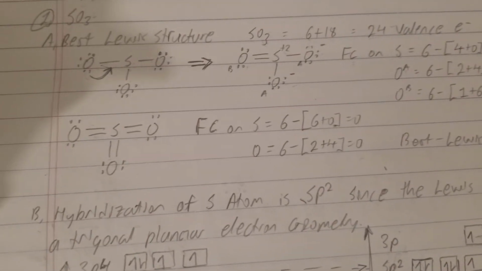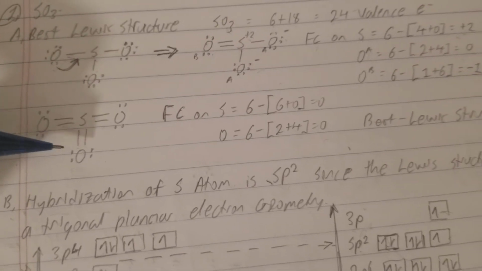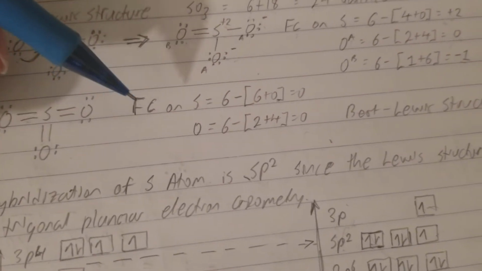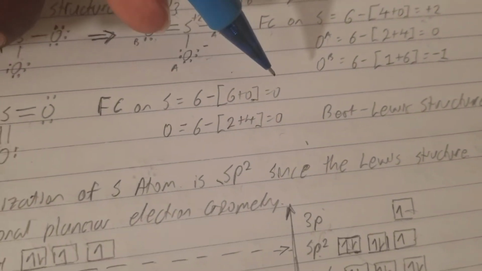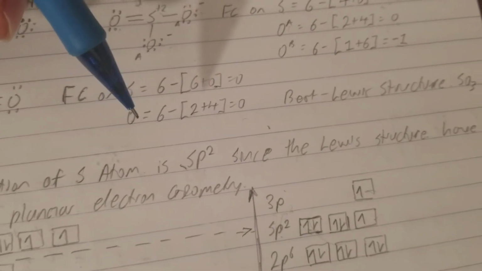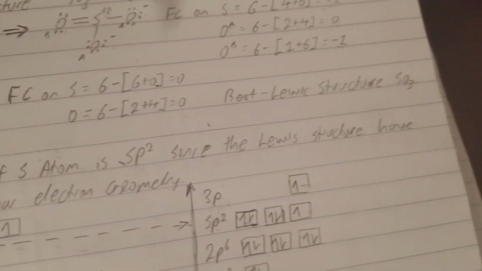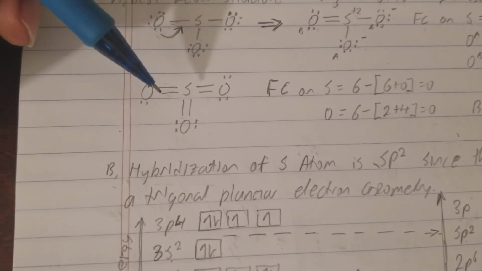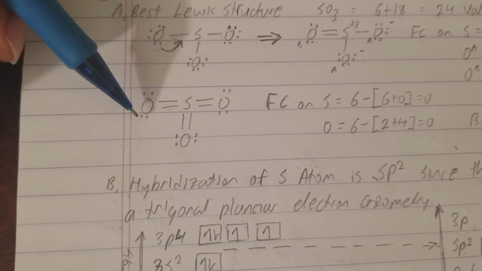To neutralize the central atom of sulfur, we make 2 more double bonds, and the formal charge analysis on those bonds reveals that sulfur has a 0, or neutral, charge, and all the oxygen atoms have a 0 or neutral charge too. This gives us the best Lewis structure for SO3: 3 double bonds, and 4 unbonded electrons on the oxygen.